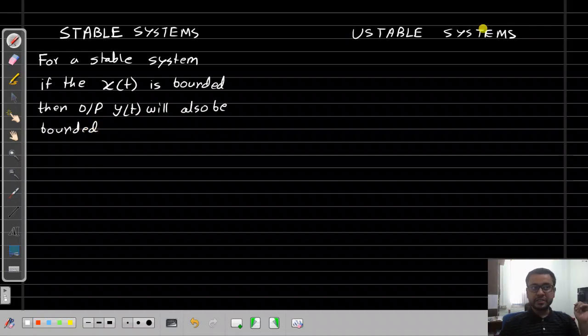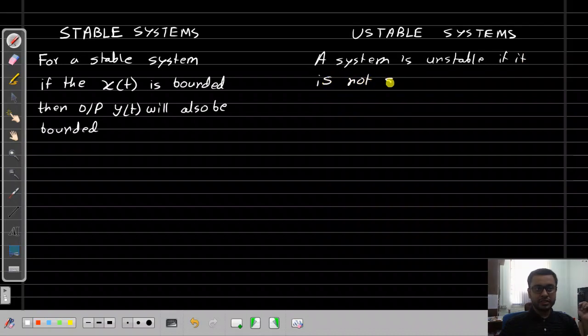And a system is unstable if it is not stable. So if a system fails to obey this criterion, then we call the system unstable.